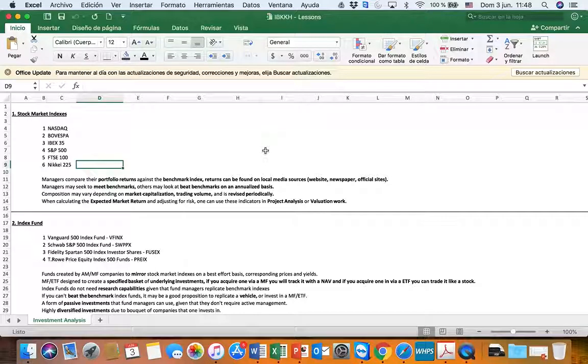Managers are looking to compare their portfolio returns against these indexes, and you can find more frequent information on local media sources, such as websites and newspaper official sites.